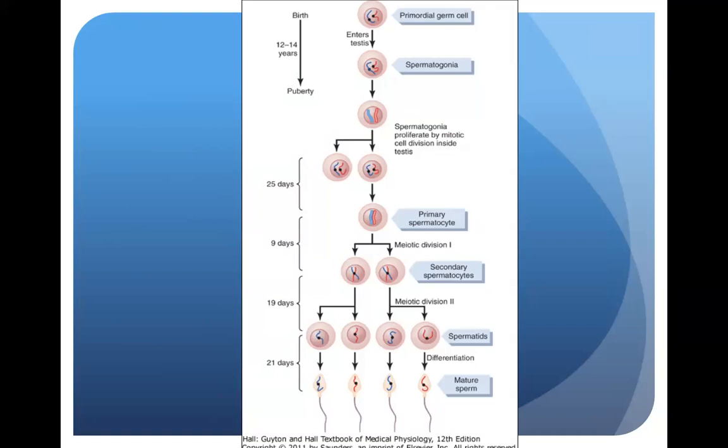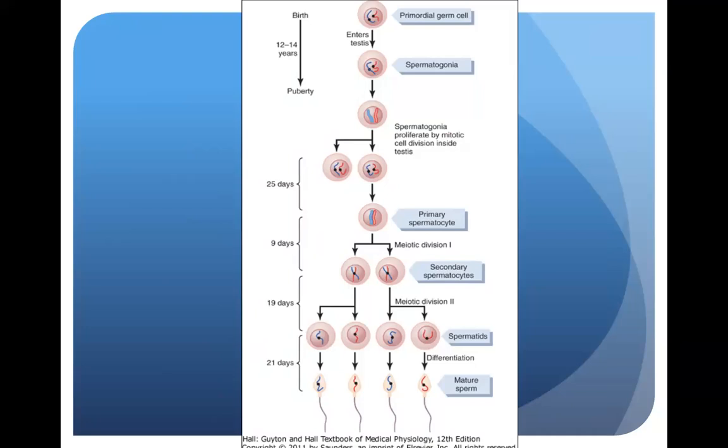This spermatogonia will proliferate mitotically to become the primary spermatocytes. These primary spermatocytes will undergo first meiotic division to become the secondary spermatocytes. After the second meiotic division, your secondary spermatocytes now will become your spermatids. These spermatids will further undergo differentiation to become your mature sperm.